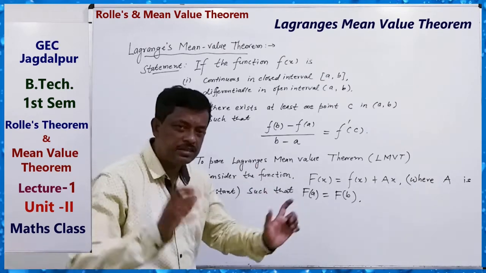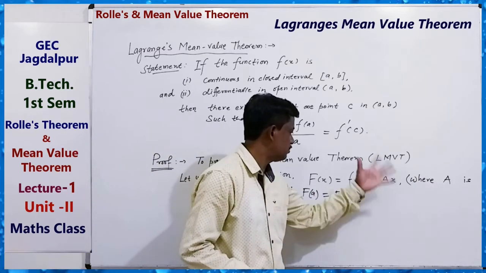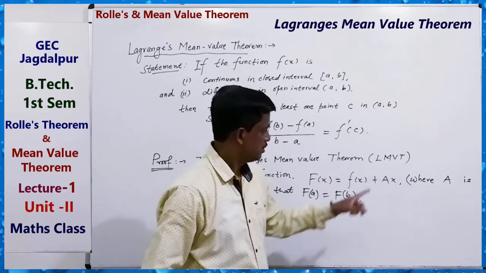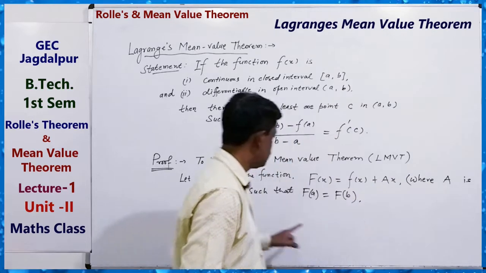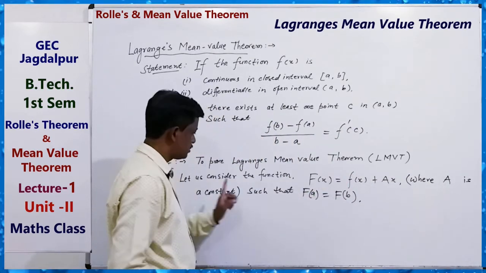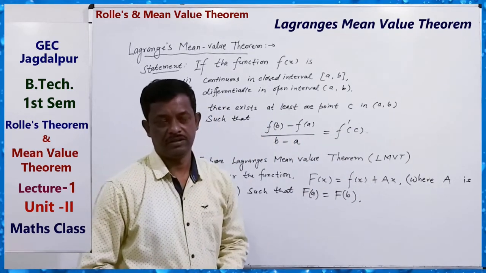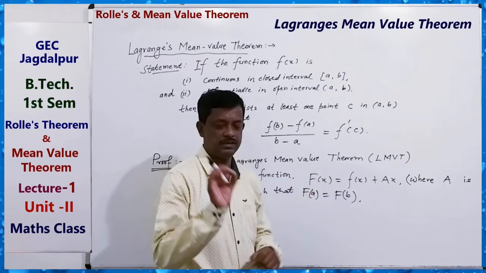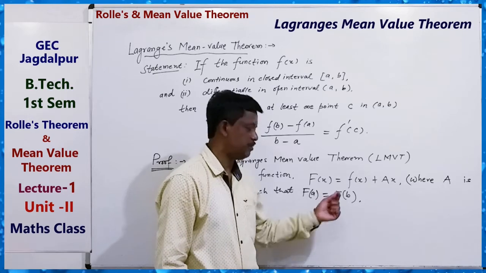Just let us consider the function F(x) equals f(x) plus Ax, denoted by F(x), where A is a constant such that F(a) equals F(b). Suppose that F(x) is a new function such that F(a) equals F(b).